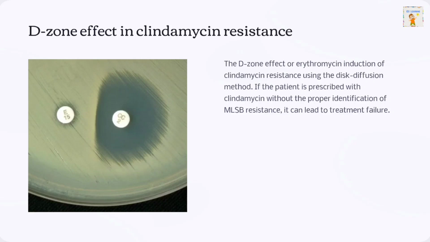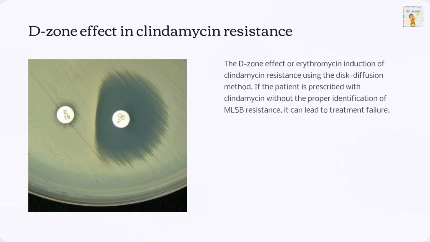Whenever we are doing sensitivity for clindamycin, we also do sensitivity with erythromycin, and here, like in this picture, you can see because of the presence of erythromycin, there is no inhibition in that area and a D-like shape is seen.